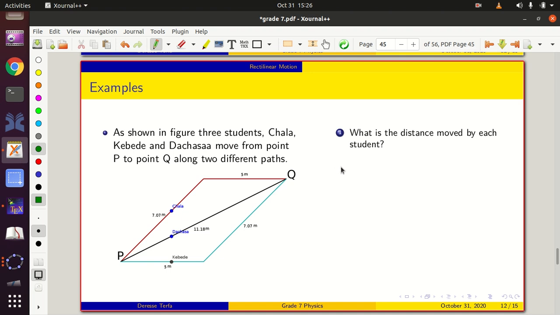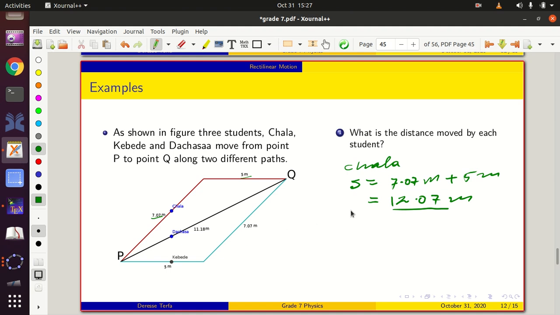Okay, let us start with Chala. Chala moved initially 7.07 meter and then 5 meter. Therefore, Chala's distance moved is 7.07 meter plus 5 meter, which is equal to 12.07 meter.